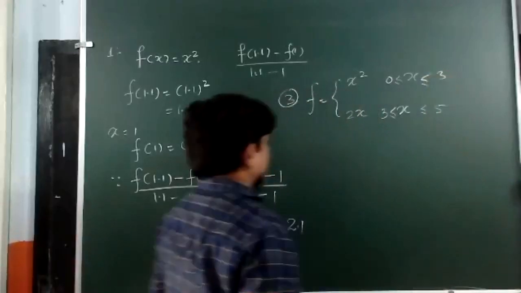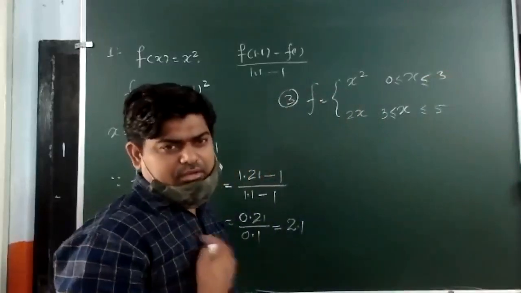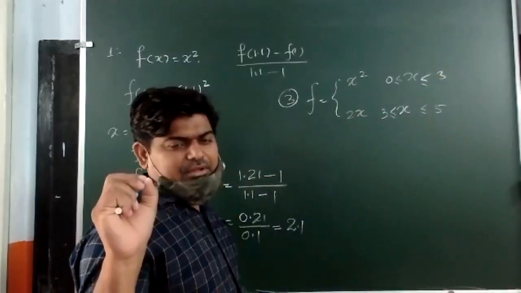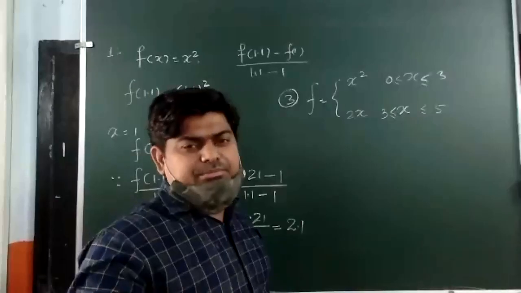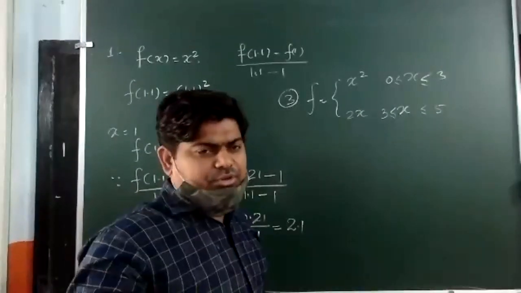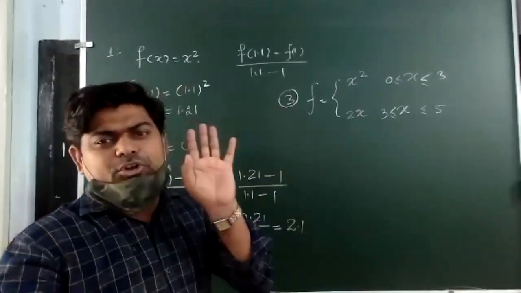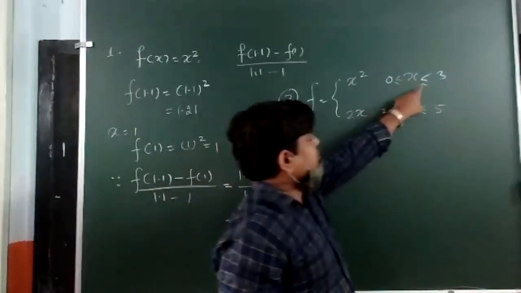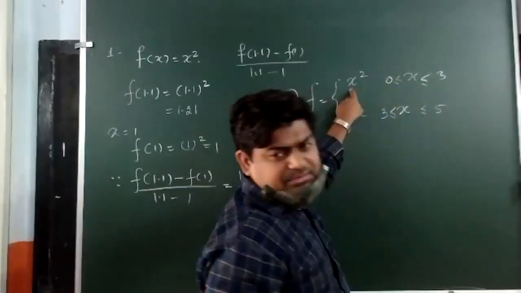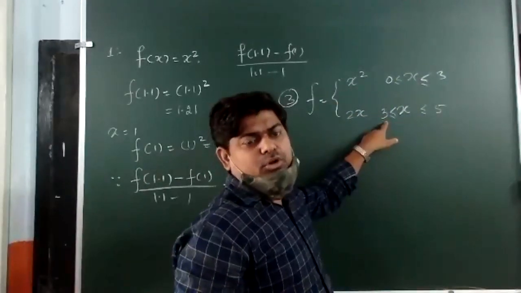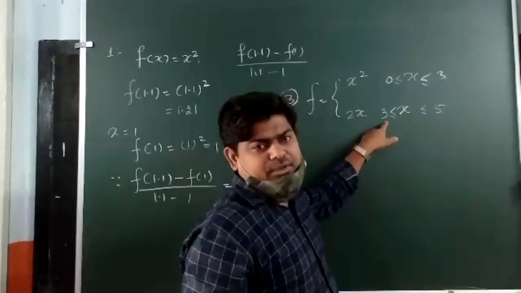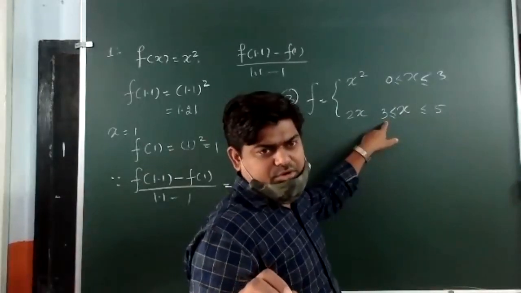Listen to me very carefully. If I discuss real numbers, too many numbers will come. But here you can see, especially about 3. When I take x equal to 3, I can use this definition and I can also use the other definition, and for both definitions we will get a different value of f(x). Are you getting me or not?